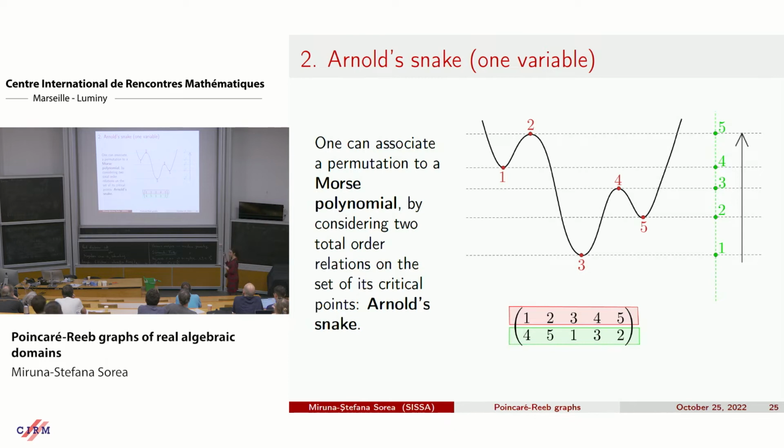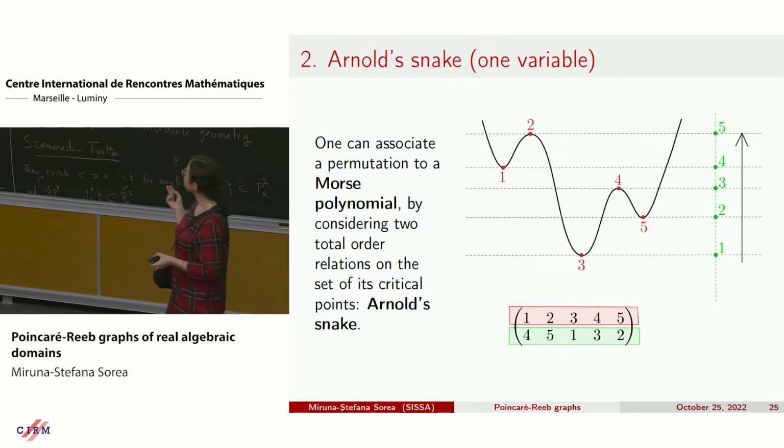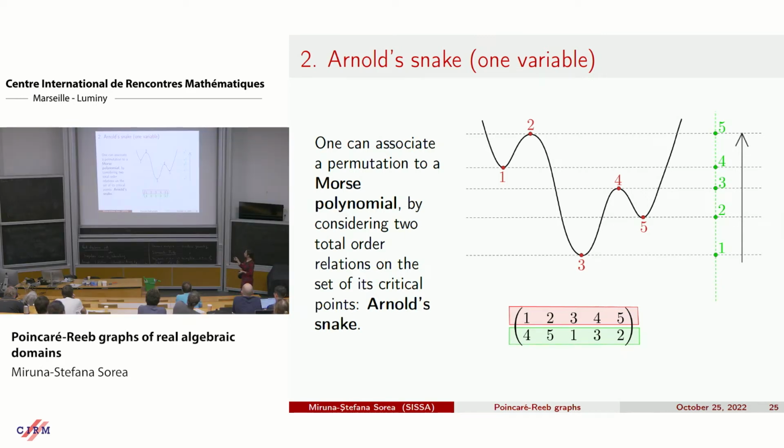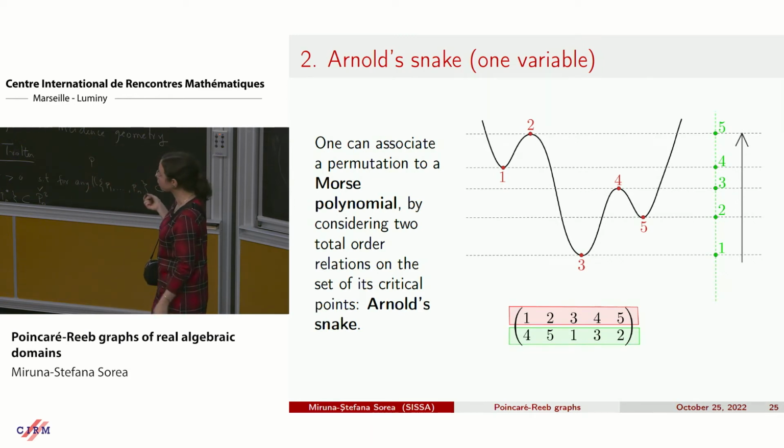He associated snakes to graphs of univariate Morse polynomials. So a Morse polynomial has all its critical points real and distinct, and all its critical values distinct. Here is a picture of such a graph of a Morse polynomial, and Arnold did a similar thing. I mean, that's what I was inspired from. He numbered the critical points, and in a separate way numbered the critical values, then compares these two total orders, and he also obtains a permutation that is zigzag, an up and down, snakes.